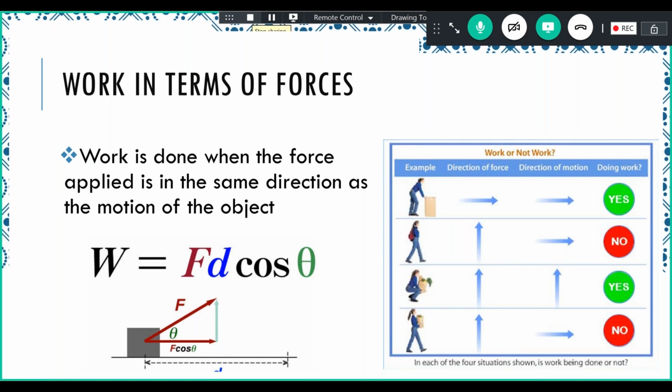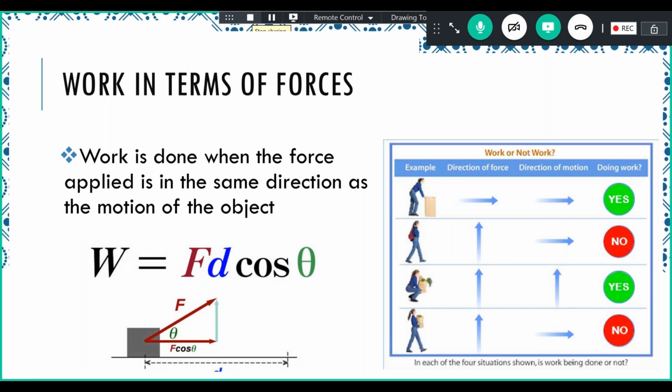So let's look at something else. That first example with moving the box is a type of work that you could relate to kinetic energy. This third example, though, could relate to potential energy because you're lifting a bag of groceries up. Your direction of force is up, and the motion is up. That means you're doing work going upwards.